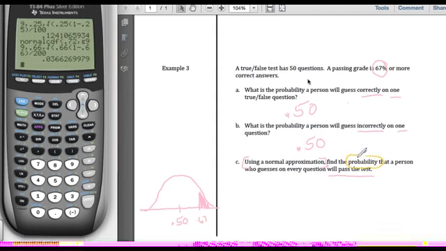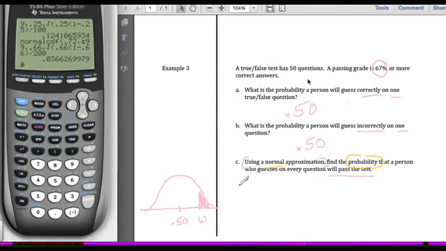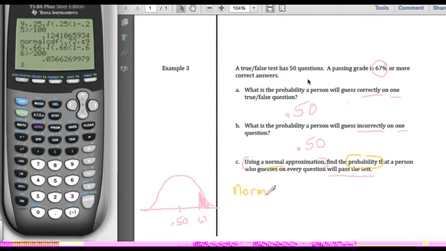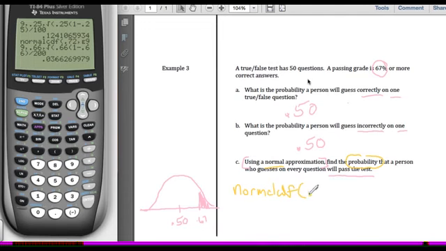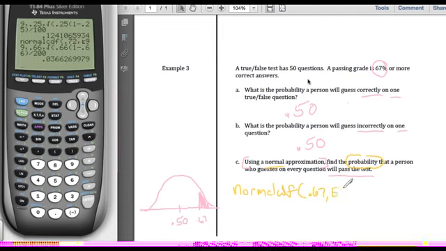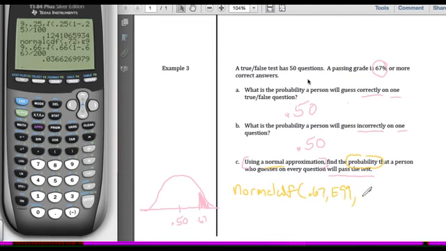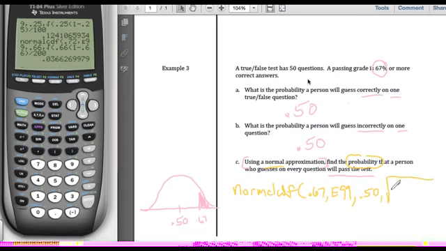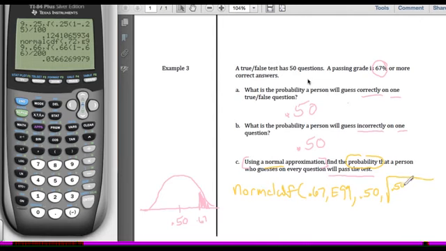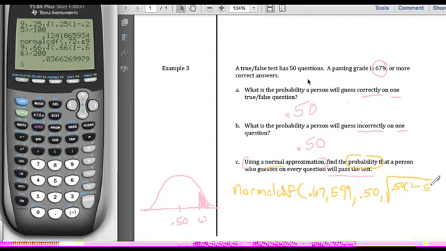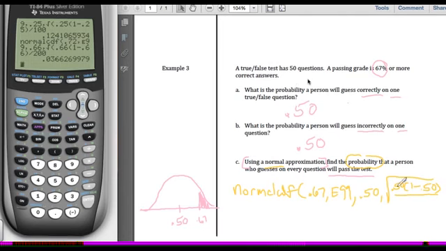Because this is probability from that normal approximation, I'm going to use that normalcdf feature. 0.67, E99, 0.50 is my mean from the middle, and then the square root of 0.50(1 minus 0.50) all over n. My sample size is the 50 questions from this test.